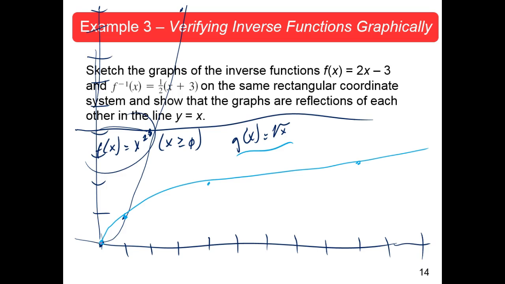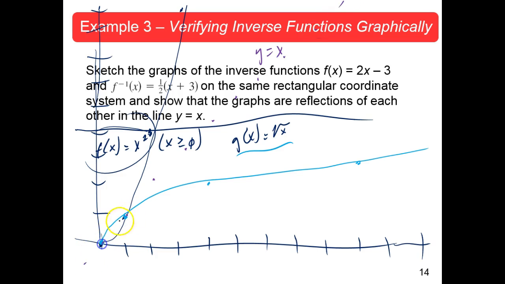One's identically equal to the other one. So give me an x. What we're doing now is y equals x. Give me an x. You can use the same ones. 2. So y would be 2. And 3, 3. 4, 4, 5, 5, 6, 6, 7, 7, 8, 8, 1, 1, 0, 0.